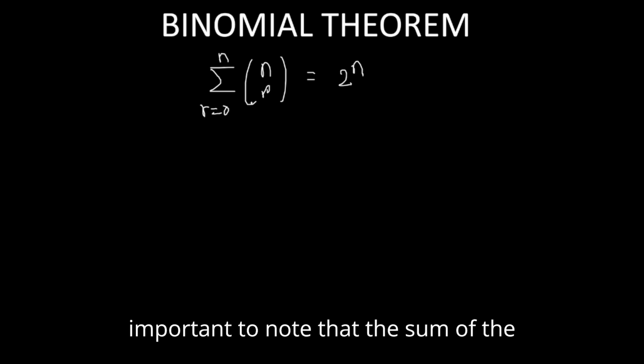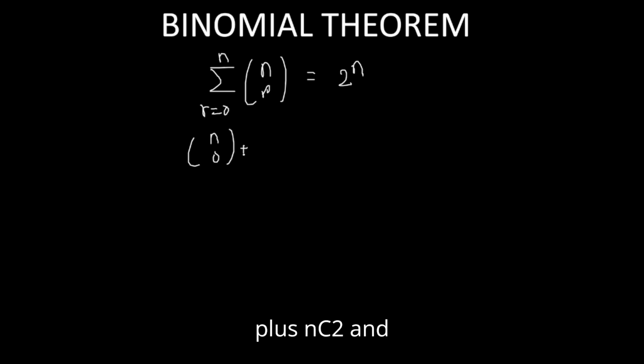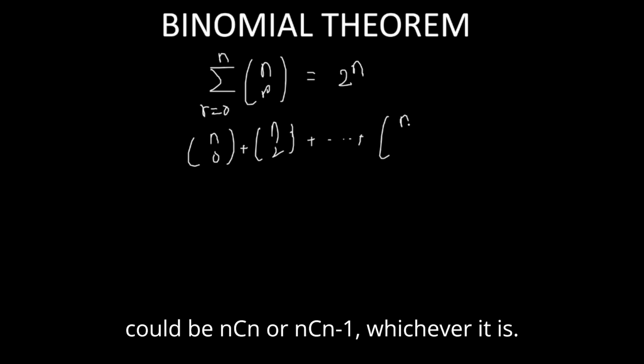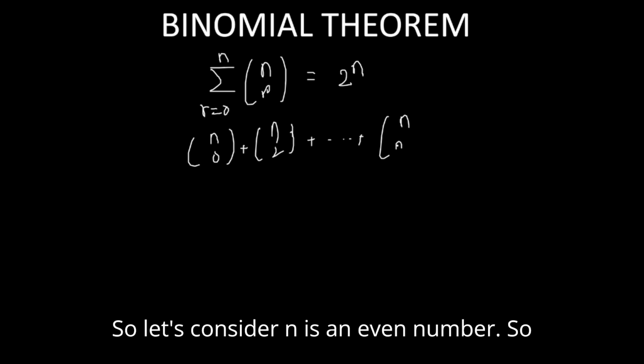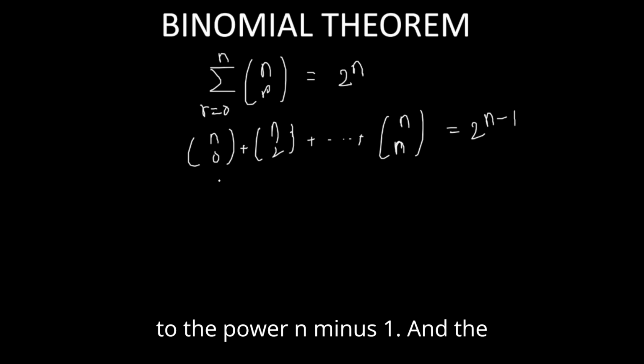It's important to note that the sum of the even counterparts, like nC0 plus nC2 and whatever even number there is at last, could be nCn or nCn minus 1, whichever it is. So let's consider n as an even number, so nCn is the last. This is equal to 2 to the power n minus 1.